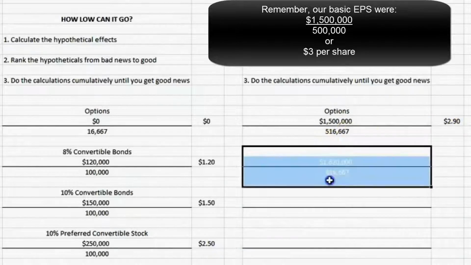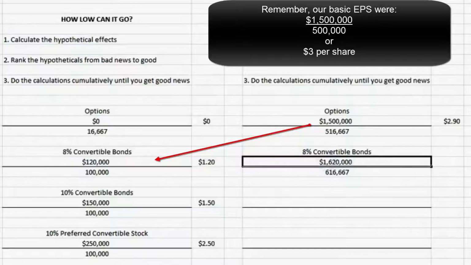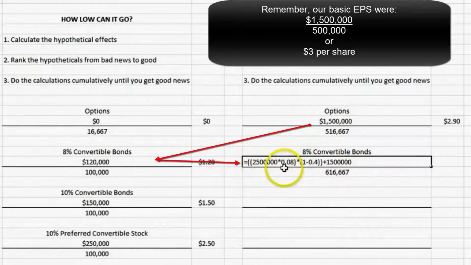Now let's do the same thing for the convertible bonds, but build off of what we had before. So what we're going to do with these convertible bonds is we're going to take that $1,550,000 from above. We're going to add the interest expense for the 8% bonds, because if they had converted, we wouldn't have had to pay that interest expense. We're going to tax affect it, 1 times 1 minus the tax rate.